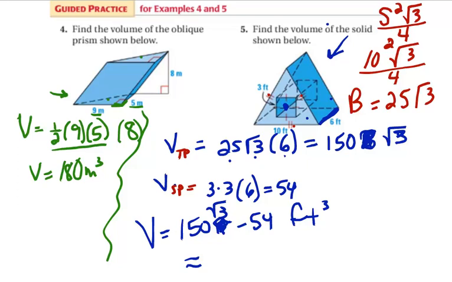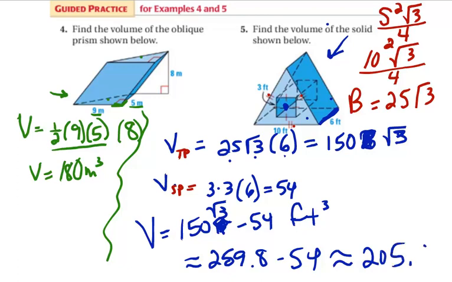So 150 square roots of 3 is about 259.8. And then if you subtract the 54, I'm going to get about 205.8, so this is approximately 205.8. And this was in feet. I'll write it up here since I'm out of room. Cubed. Okay, there you go.